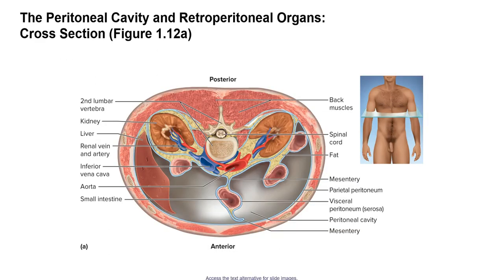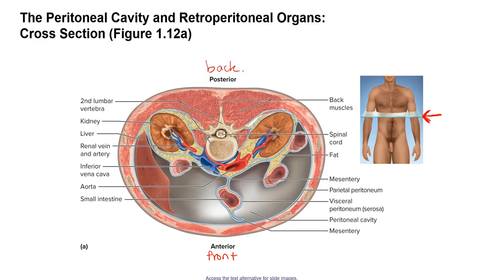Yes. So what we're looking at is, try to remember, what type of section have we done to this body here? That is a transverse, also known as horizontal section. So what we're looking at now is this is the front and this is the back.